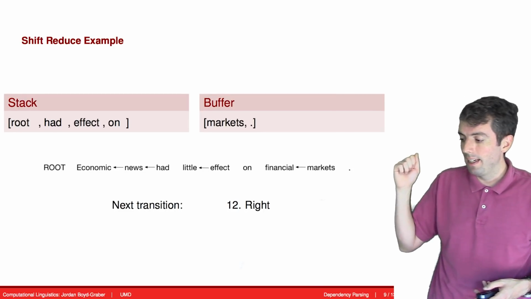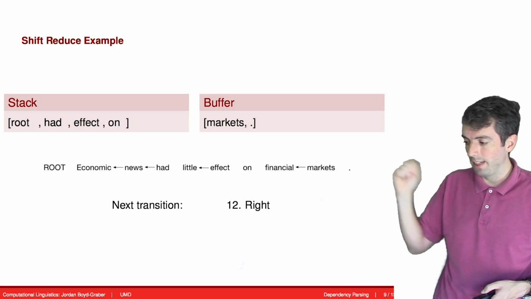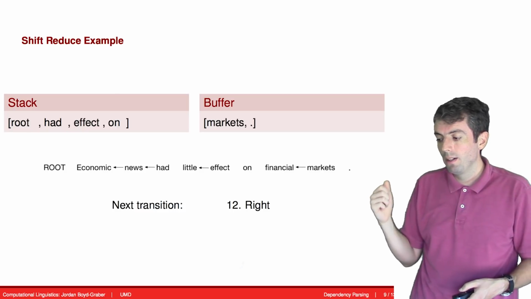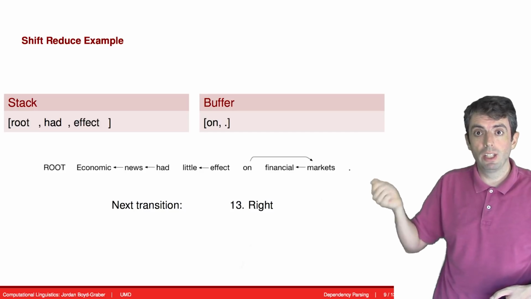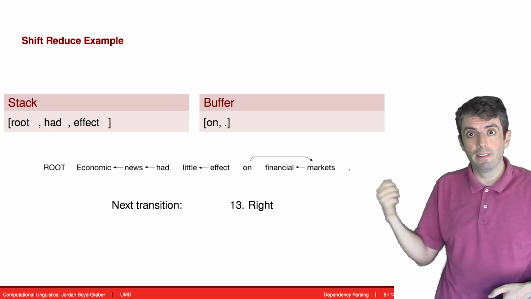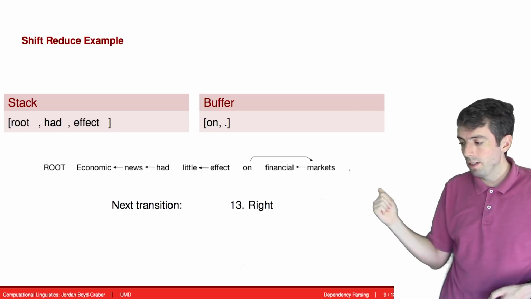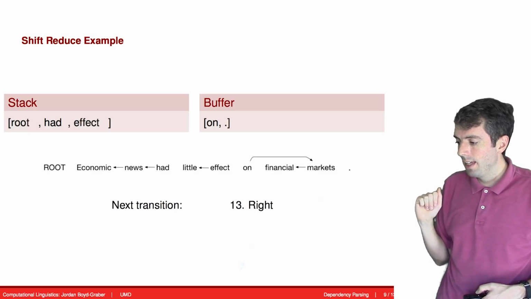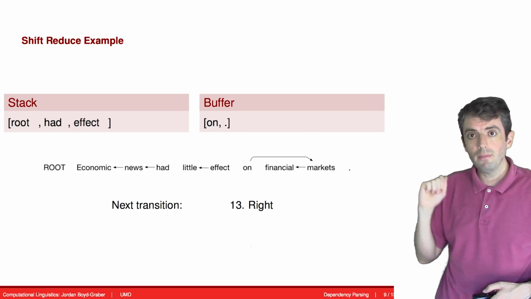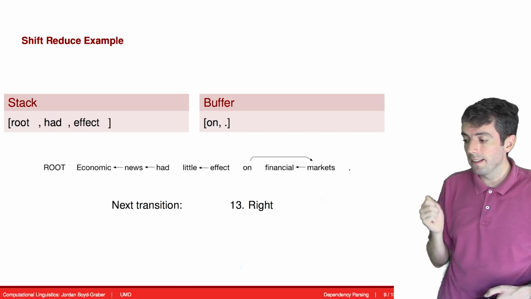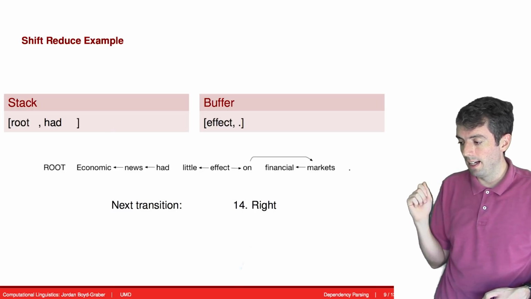So we put an edge between financial and markets, going from markets to financial, and now we can create a right edge, because on is a preposition, and the object of that preposition is financial markets, and we draw the edge to the noun in a noun phrase. So we now have the prepositional phrase on financial markets, and we again draw another right edge from effect to on.